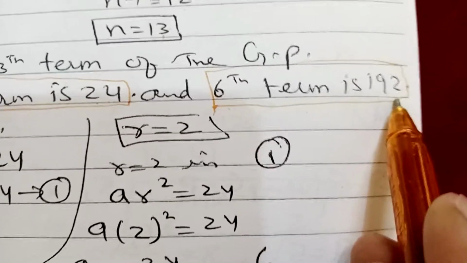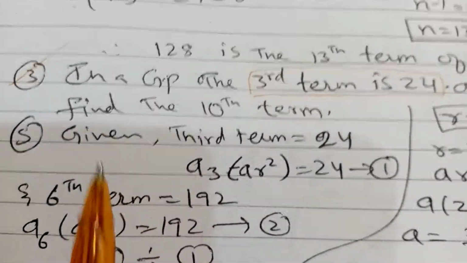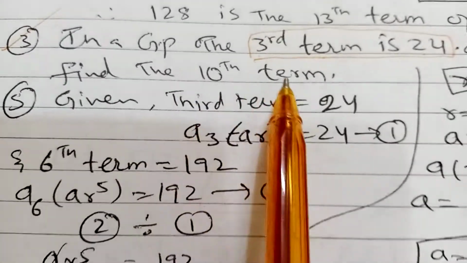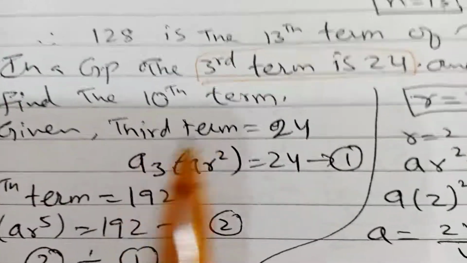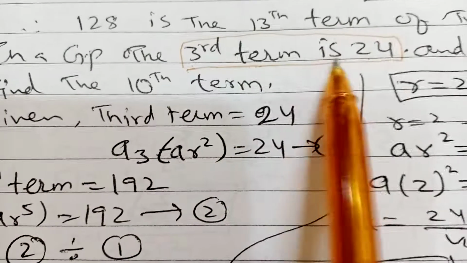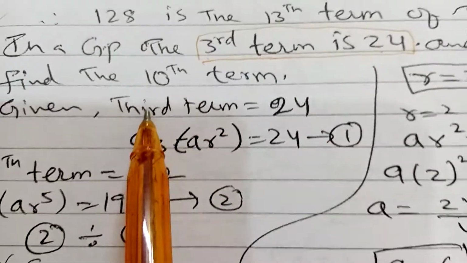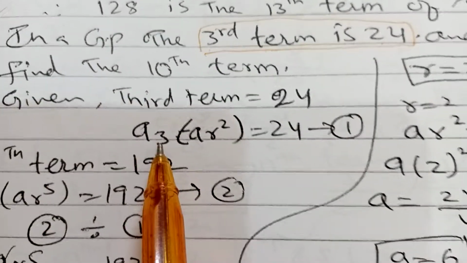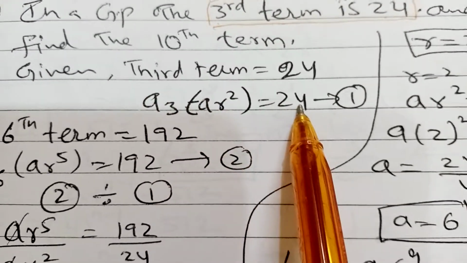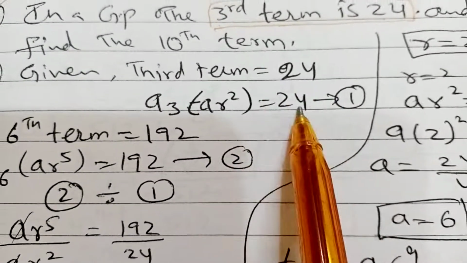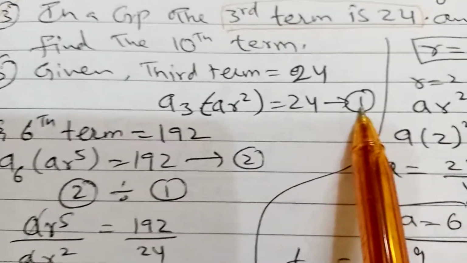T6 is equal to 192. Find the 10th term. Now, given third term 24, third term means a_3. So the third term formula a r^2 is equal to 24. Mark it as the first equation.